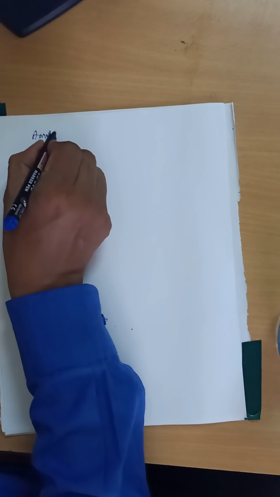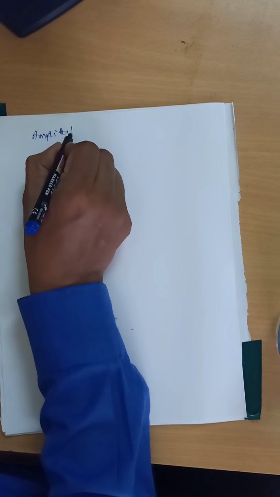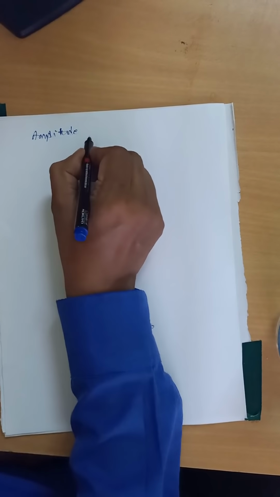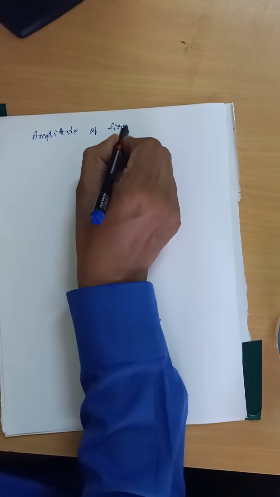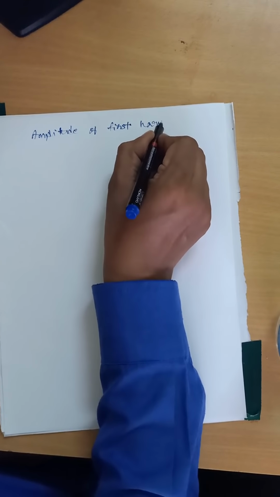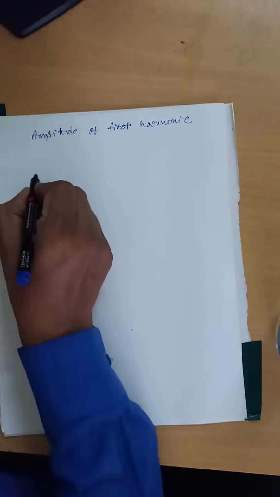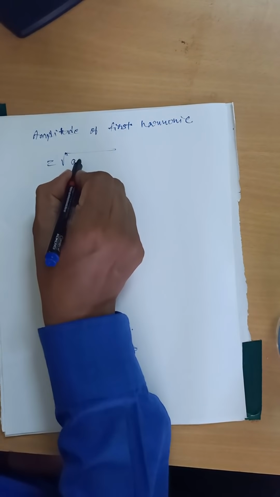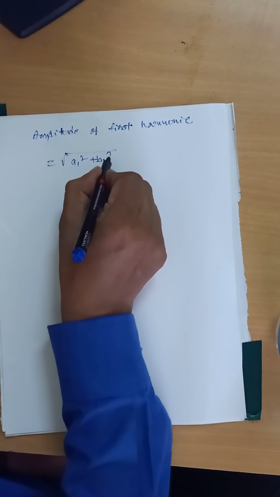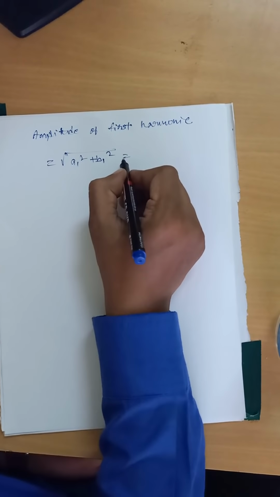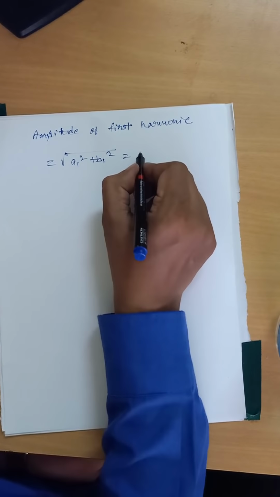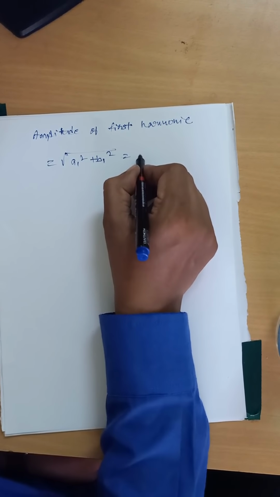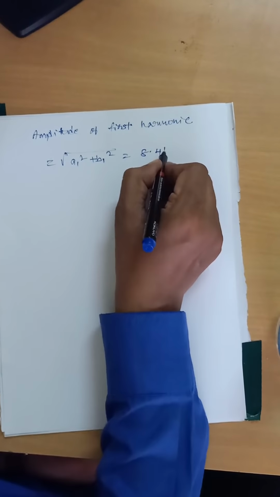And they also mention the amplitude of the first harmonic. The formula for amplitude is the square root of A1 squared plus B1 squared. We have the A1 value and B1 value. Substituting, we get 8.455.